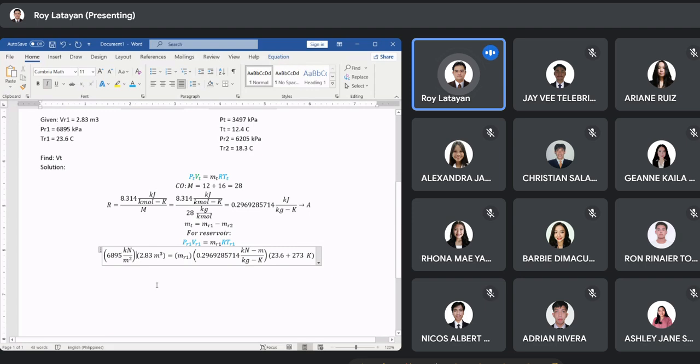Ito na may paulit-ulit na, hindi ko na papakita yung cancellation of units. So ito ay magiging kilonewton meter. Pag dinivide mo to sa kabila, makakancel to. Ito naman ay makakancel yung Kelvin, ang tira na lang is kilogram.